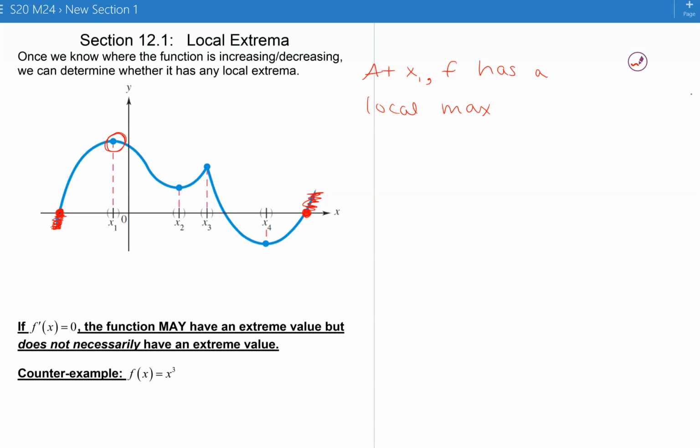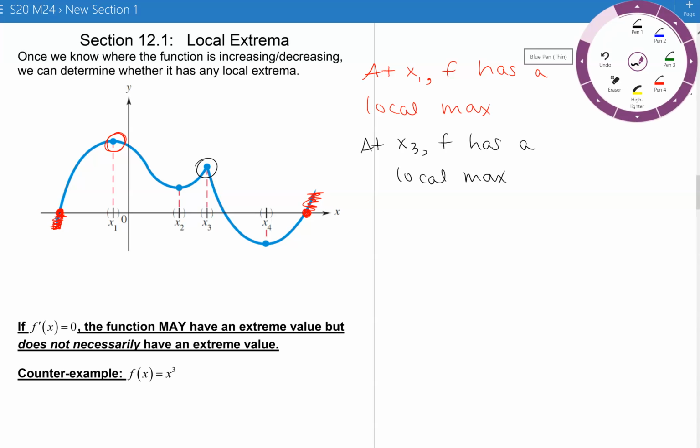It's the highest point in its neighborhood. And we could also say at x3, f has a local max. So see why we say extrema, because there can be more than one local maximum. It's in its neighborhood, it's the highest point.